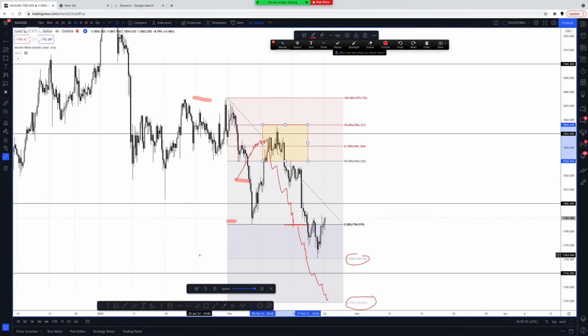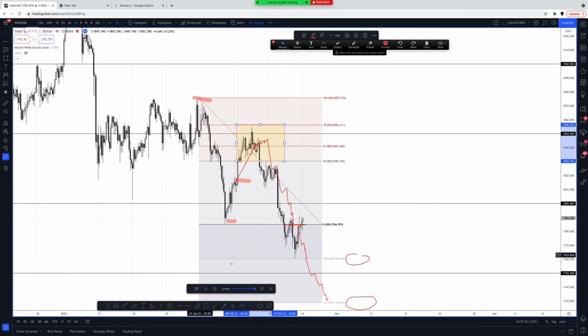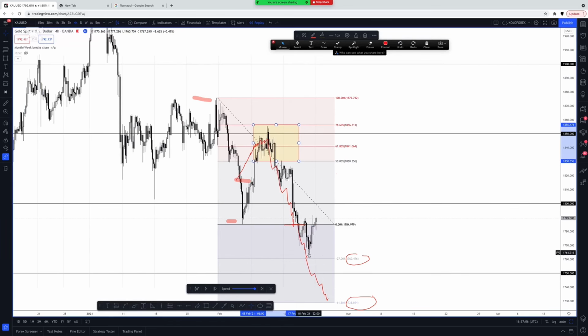So we have this market quickly tapping into the 78.6 retracement, like I told you, which can be a target for this market after it has made a significant retracement. You can see that this market pulled back into 50, 61.8, 78.6, which are my key Fibonacci levels from the earlier explanations that I made for you, right?